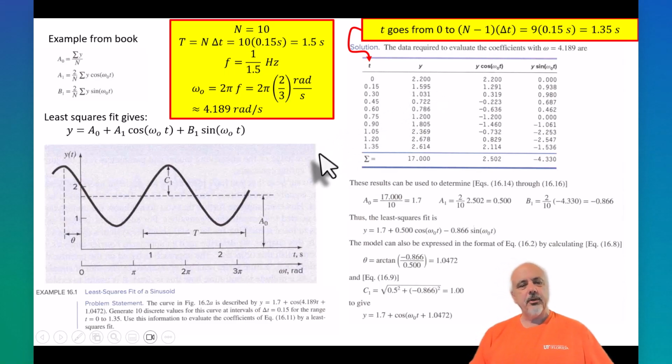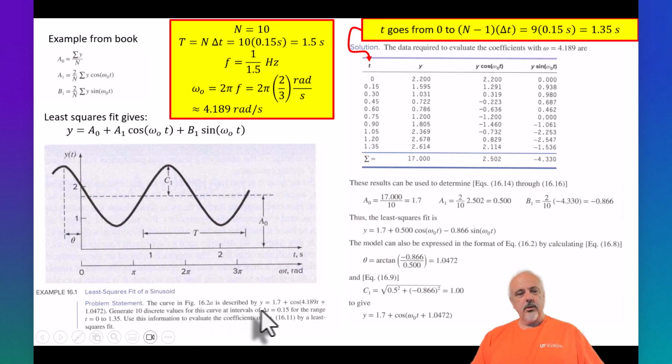It's supposed to be periodic, and that's how it works. Just to put a bow on this, they're claiming that the omega naught is 4.189. So I took what I thought was n equals 10, the time being 1.5 seconds.